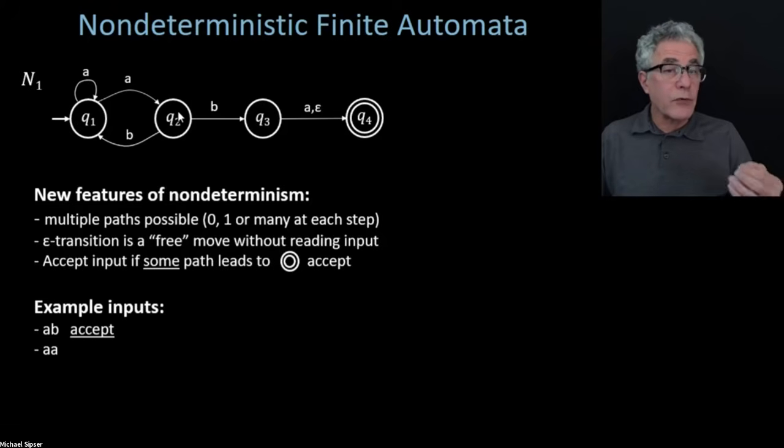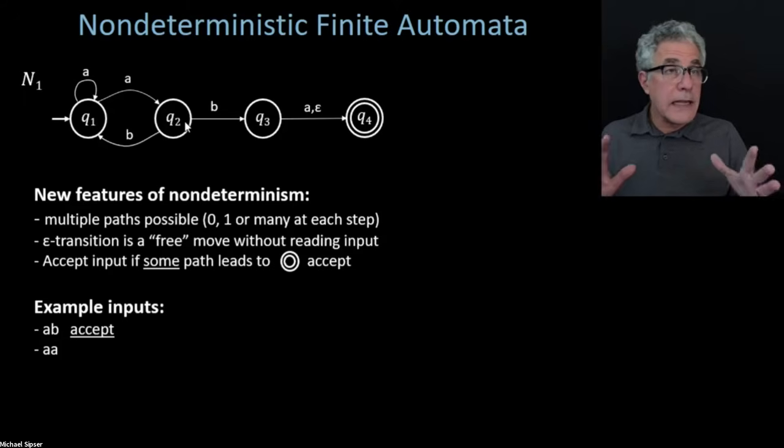So after reading the second A, we're going to be in at least Q1 and Q2. Now, how about the state that had been on Q2? The one from before, after reading the first A, you were in Q2. Now reading the second A, there's nowhere to go. So that one just gets removed. So after reading AA, we remain in states Q1 and Q2 as possibilities.